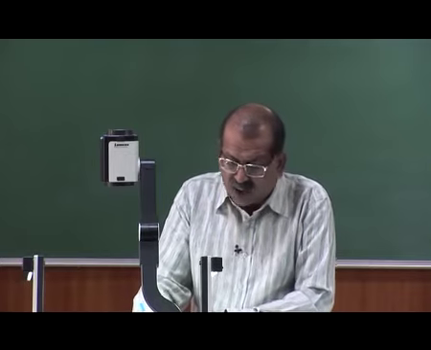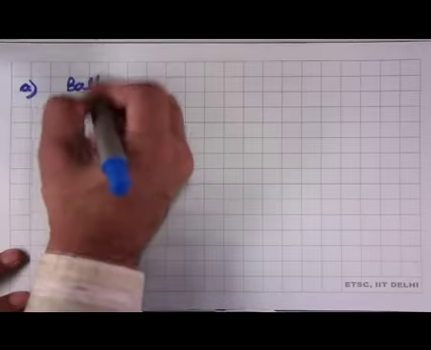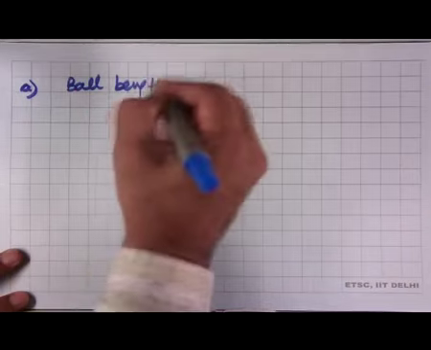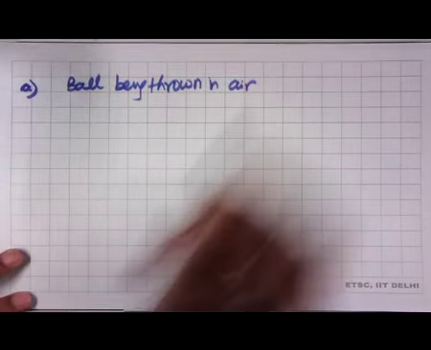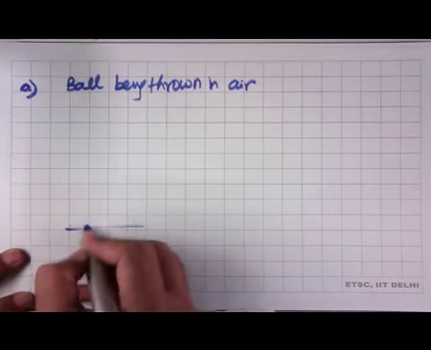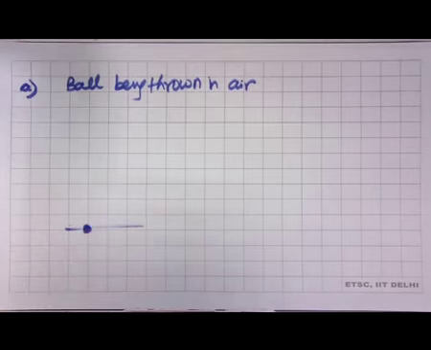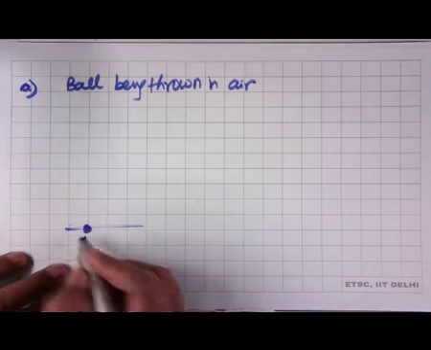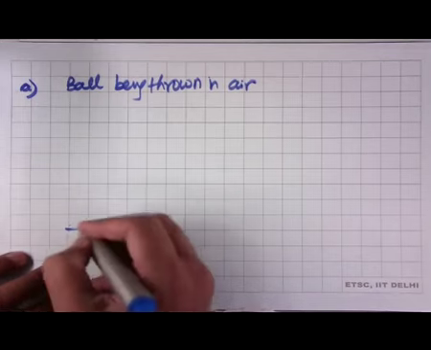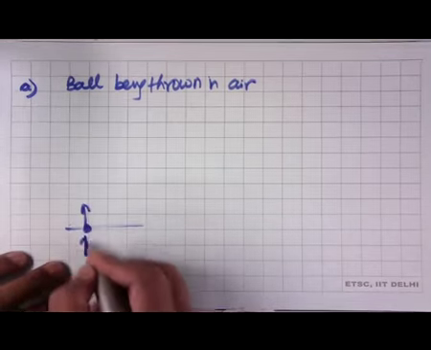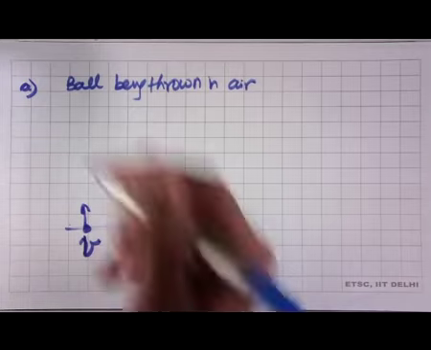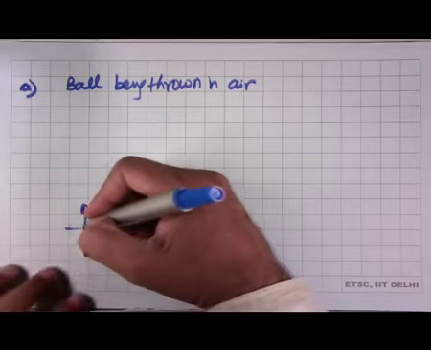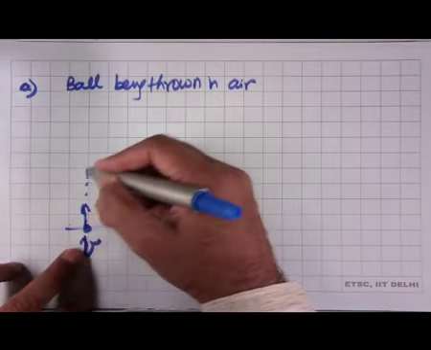The first case we will look at is a ball being thrown in air. We are on the ground, we have a ball in our hand, we throw it in air. So, we give it a speed v, and it is in free motion, the particle moves up.